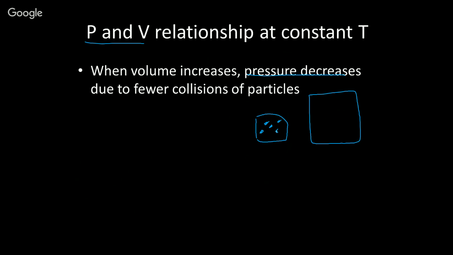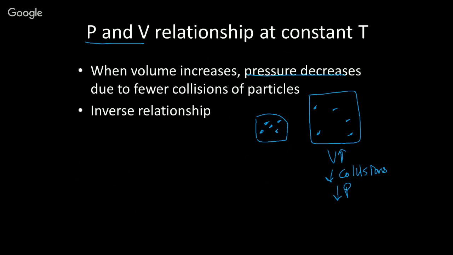But if we increase the volume, those particles spread out, which means they come into contact less often. So there's fewer collisions, which means we have a lower pressure as well. This is an inverse relationship.